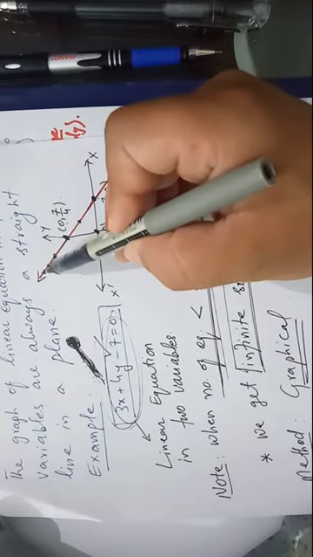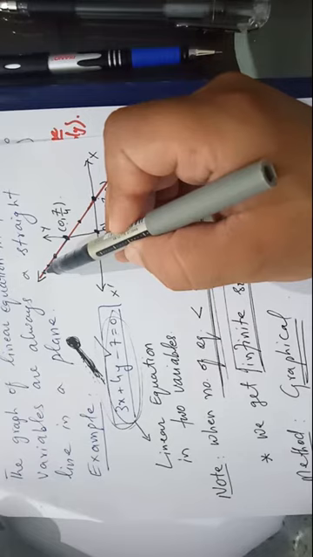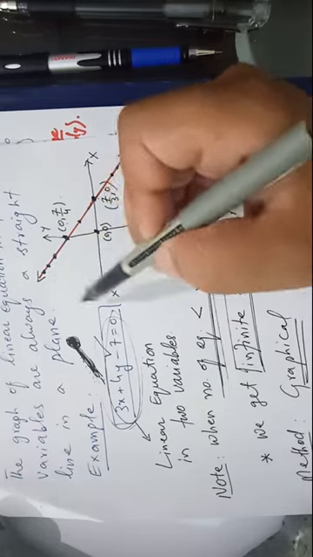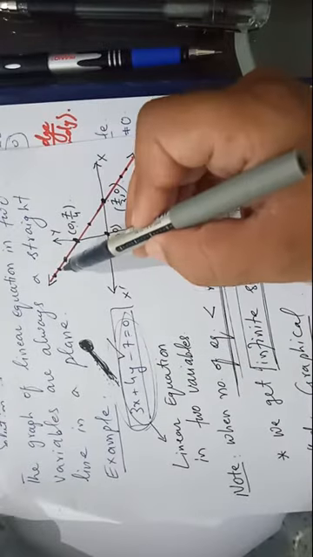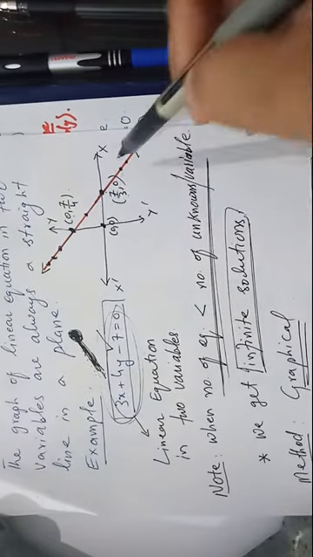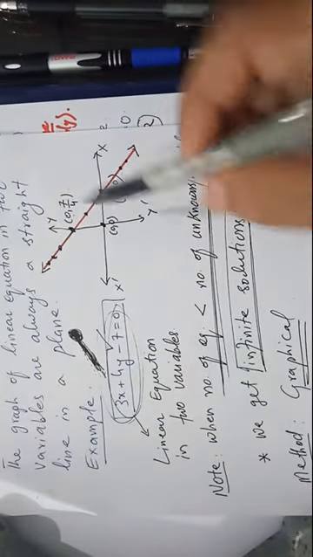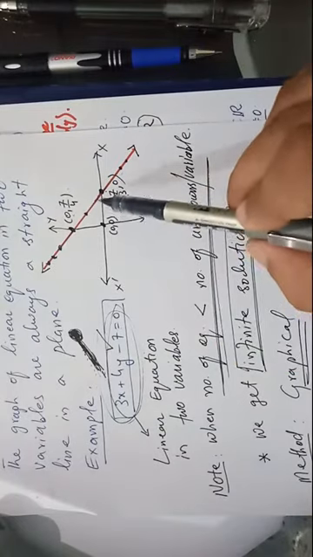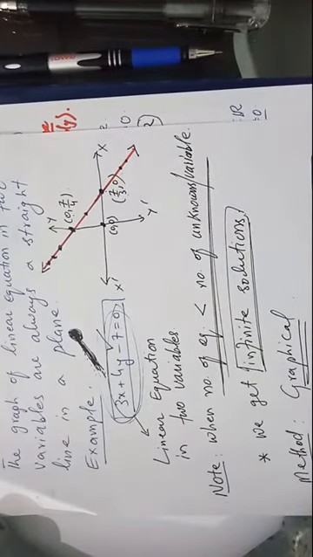In an ordered pair, we have the value of x and the value of y. So for example, here the value of x is minus 3 and the value of y is 10. So (minus 3, 10) will satisfy this equation. The coordinates at this point, the value of x and the value of y, will satisfy this equation, and so on. It means that all the points which lie on the graph of the equation will always satisfy that equation.